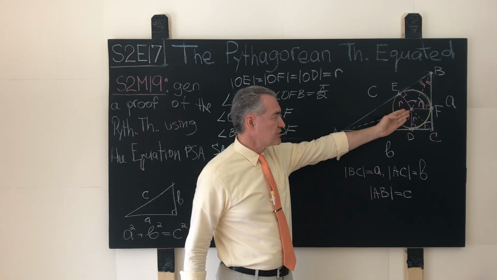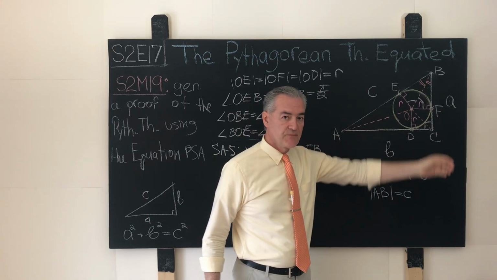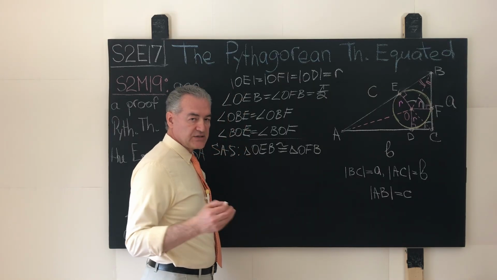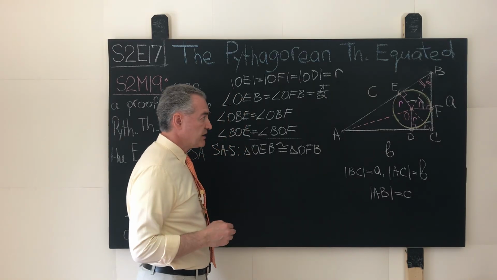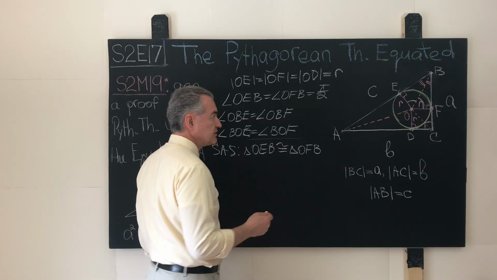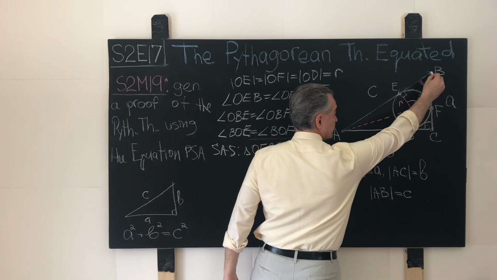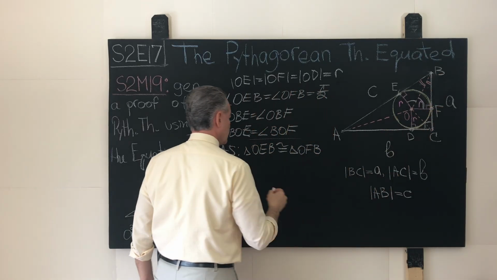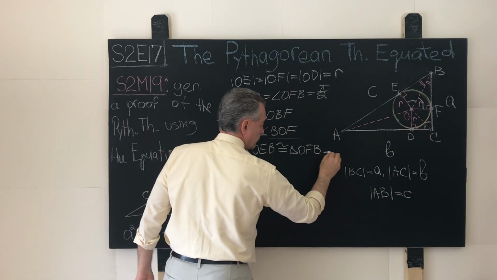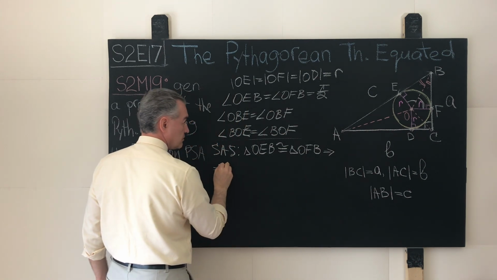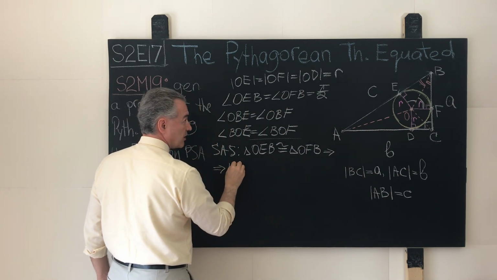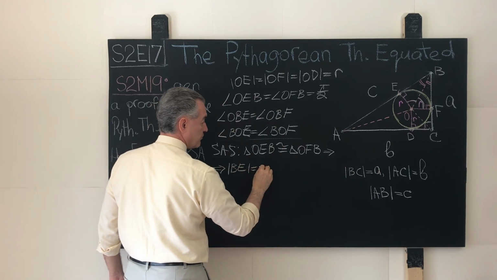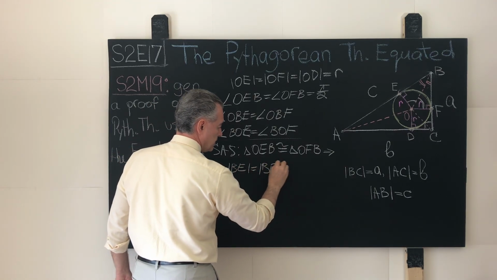The lengths of the sides OE and OF are one and the same, since each of these sides represents the inradius. So the only thing that remains is that the lengths of the sides BE and BF are one and the same. So it follows that the length of the line segment BE is equal to the length of the line segment BF.